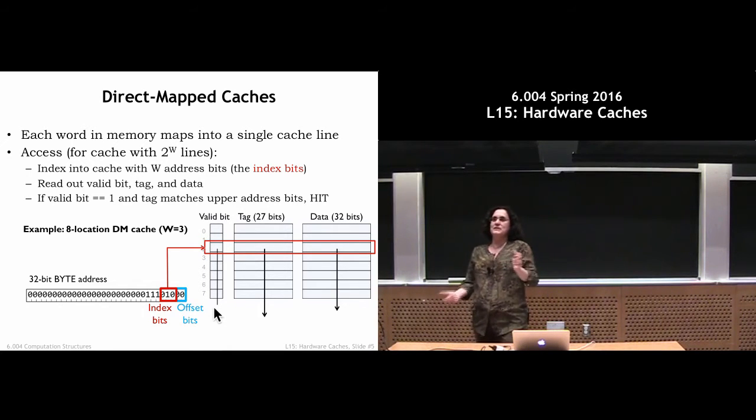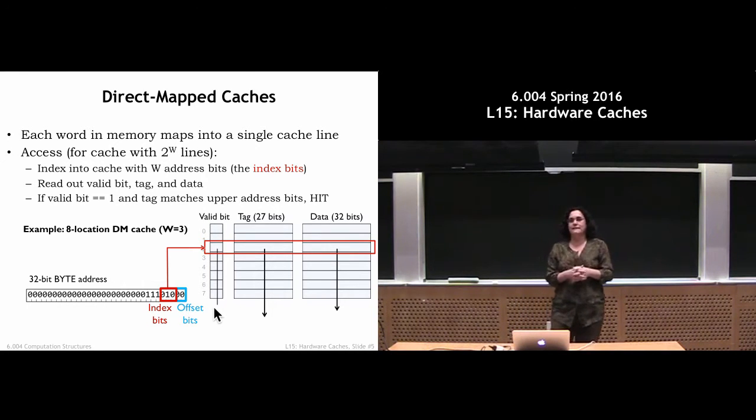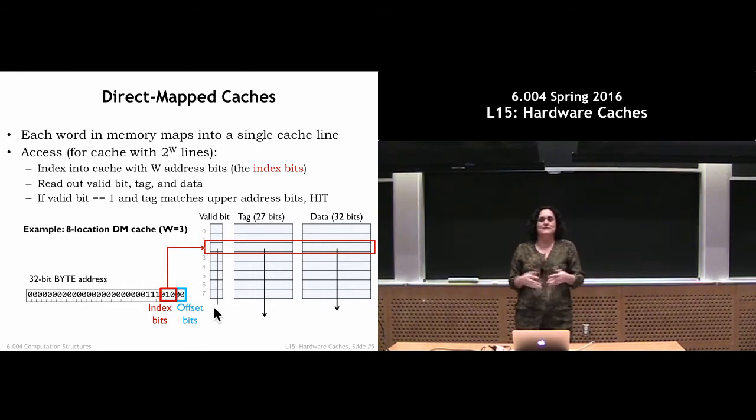Well, basically, when we start up, our cache is invalid, okay? But even though it's invalid, you have some kind of binary data in there. So we want a way of identifying whether the data that I'm looking up is actual real data or garbage. And so essentially, once I bring something into my cache, I set the valid bit to 1. Now if my valid bit is 1, then I know that it's actual real data that came from my main memory.